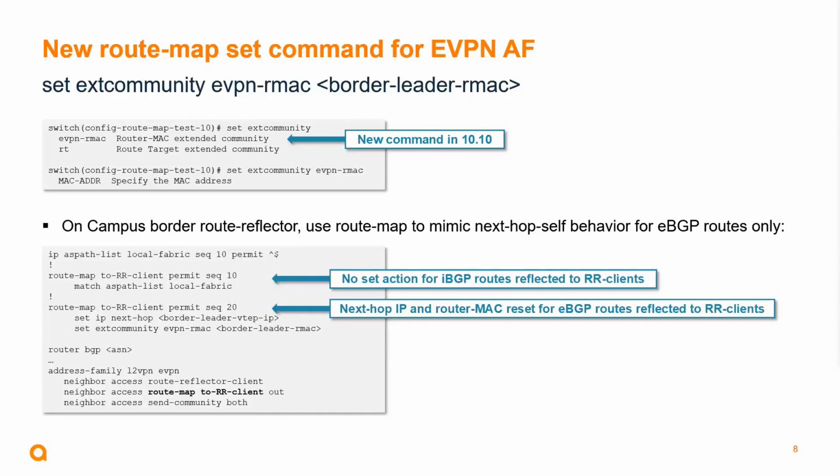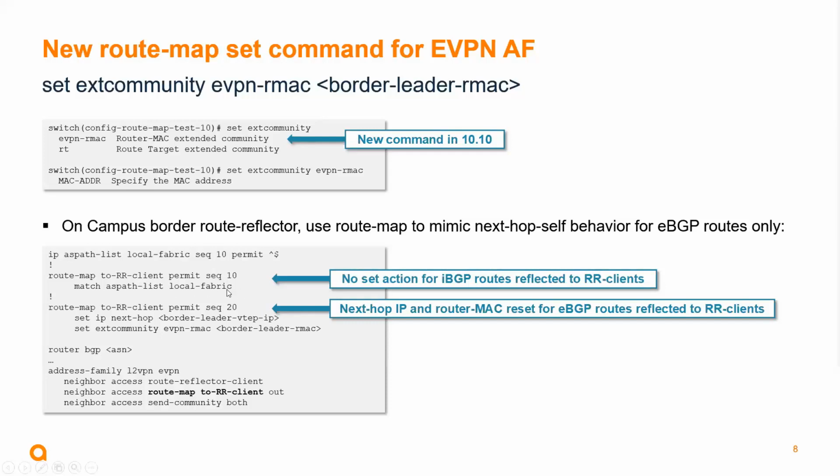So instead we are going to use a route map, and the route map will mimic it so that we have the right behavior: reset the next hop for all EVPN routes coming from the EBGP peer of the fabric, and not touch the next hop for the intra-fabric BGP speakers. That is what we do here with sequence 10. Sequence 10 is about matching on anything that is local to the fabric.